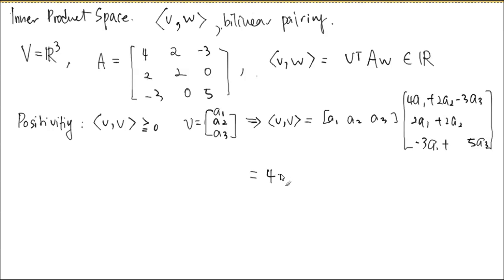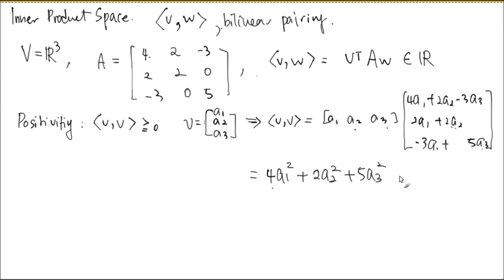4 times A1 squared. That 4 came from this. And here's a 2 times A2. What about multiplying this one to that, and we pick up 2 times A2 squared. I'm multiplying this one to the second component, just to collect the squares. This entire thing is multiplied to the third component, so we get 5 times A3 squared. So that came from 4 to 5, with 1, 1, 1 in here.